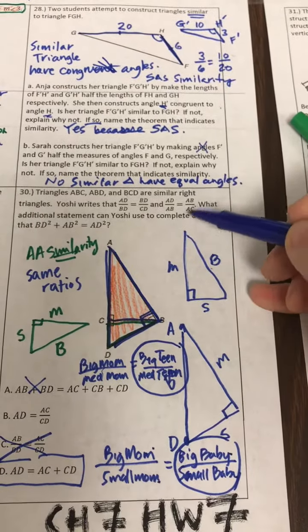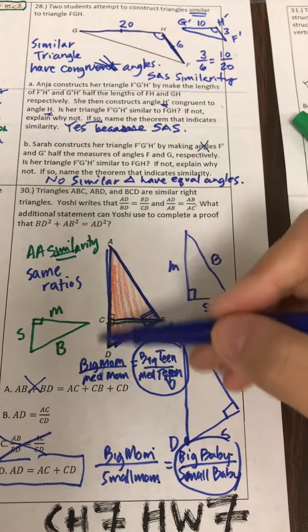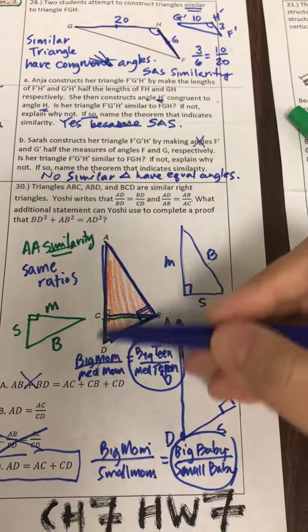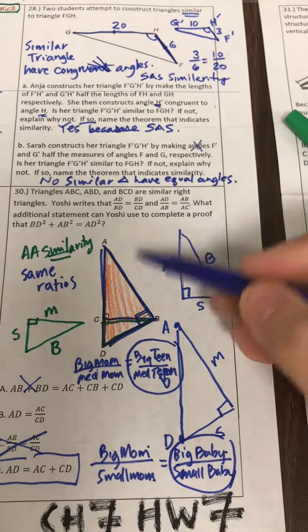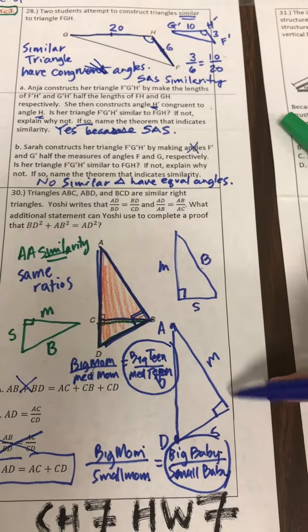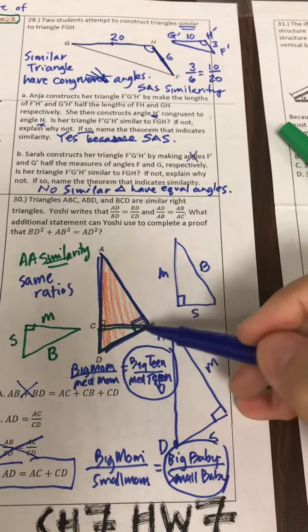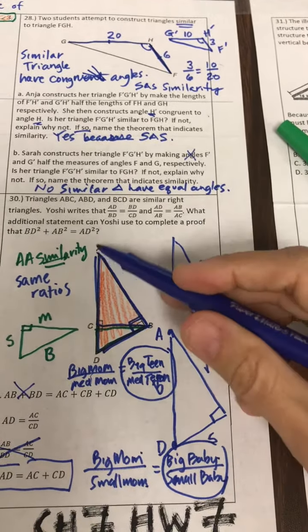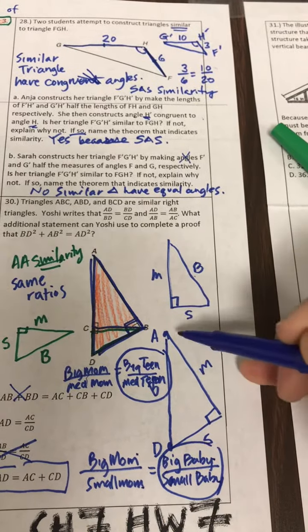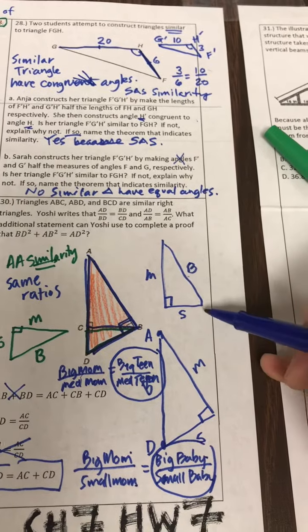Now this second statement: AD, once again the big side of mom, over AB, that's this medium side of the mom, should be equal to the ratio AB over AC. So AB is the medium side of mom, but it's also this big side of the teenager.